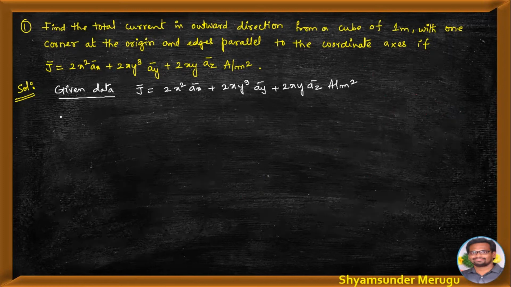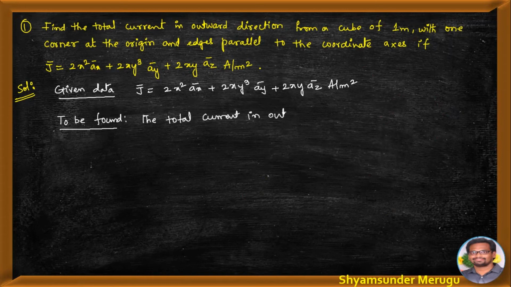And here we can write what is to be found. We need to find the total current in the outward direction.